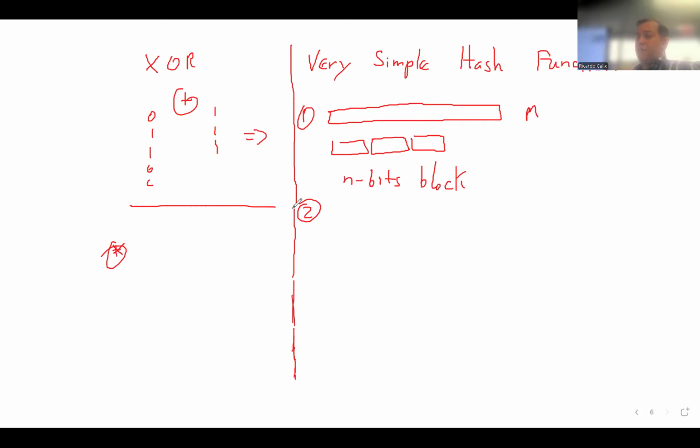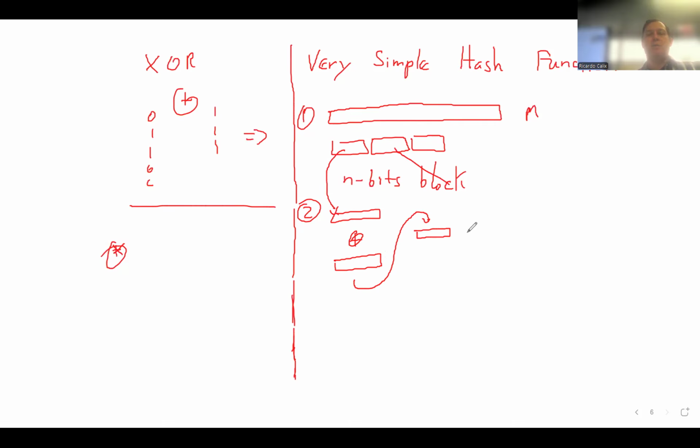Number two, the message is going to be processed one block at a time in an iterative fashion to produce an n-bit hash code. So now we take a block, we XOR it with something else, maybe the key, and that produces another block. That is the first block.